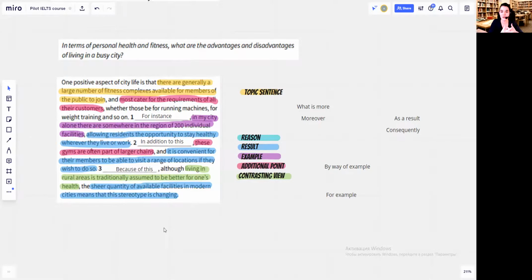As we said, they are reason, result, example, additional point, and contrasting view, which you can use in any combination as long as they're relevant. And lastly, no good score for coherence and cohesion is given without good, correct, and diverse use of linkers. Linkers have to be used in accordance with your functions.